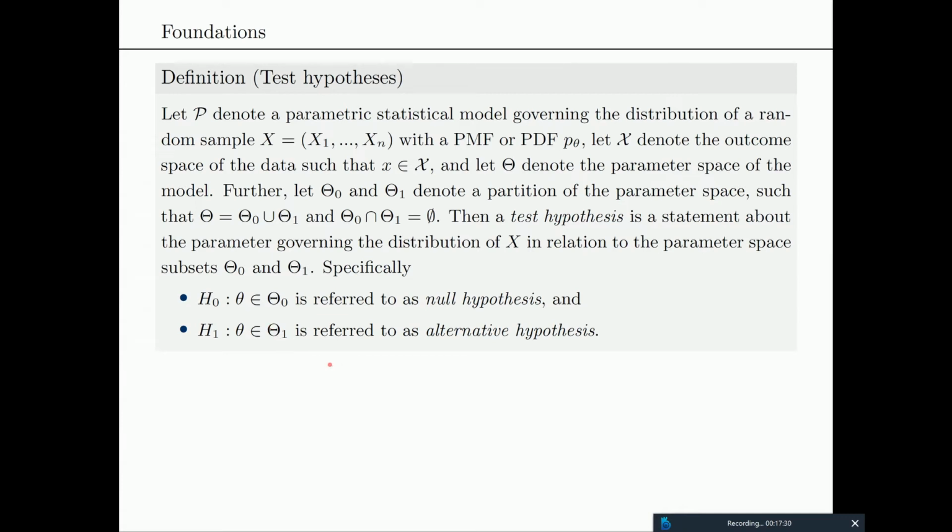Of course, you need to decide what Theta_0 and Theta_1 are for a given test procedure. The important thing is, if you set up a test or you study a test, you need to think about what the parameter space is. Then there will always be a partition of the parameter space into one subset Theta_0 and one subset Theta_1. And these statements that the true but unknown parameter is in either one of them are referred to as null hypothesis and alternative hypothesis.